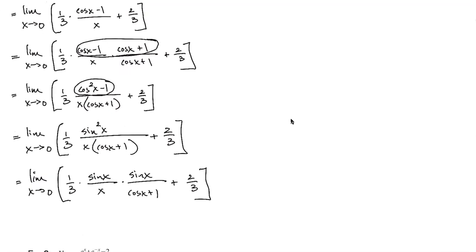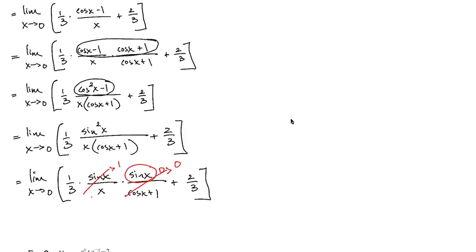Now, one of the trig functions that you learned about in Calc 1 in terms of limits was when you have sine x over x, that goes to 1. Okay. And when I plug in 0 over here for the second fraction, sine of 0 is 0. So this whole term goes to 0. Okay.